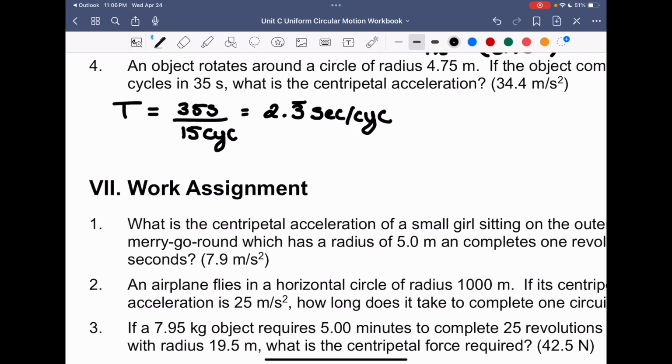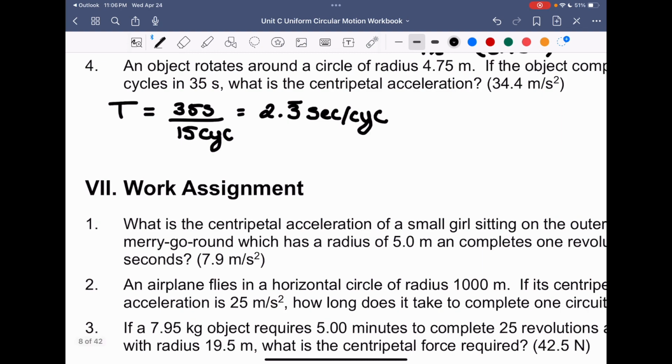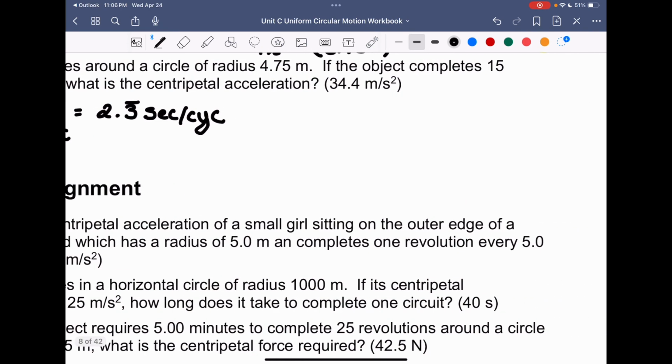Now that I know my period and I was able to figure that out from that information and put it in a relevant term rather than writing it as frequency, now I have the period that I need, I'm going to go directly to our AC formula. AC, or the centripetal acceleration, is equal to, we always know that we're going to have to choose between one form and the next.